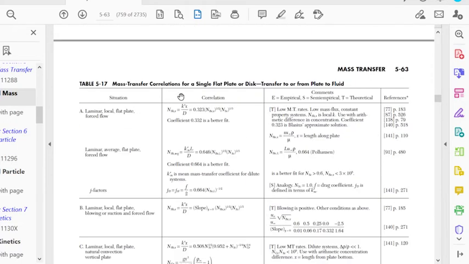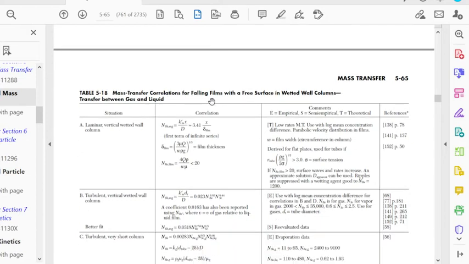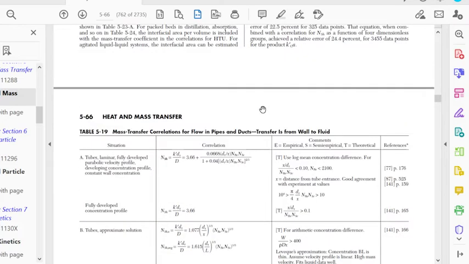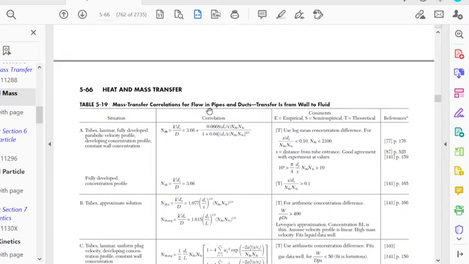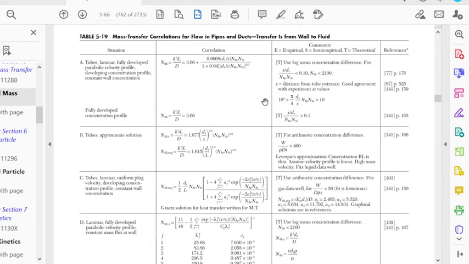Table 5-17 is for a single flat plate or disc, wherein the transfer of mass is to or from the plates to the fluid. We also have mass transfer correlations for falling films with a free surface in wetted columns, so you can have those equations. Mass transfer correlations for flow in pipes and ducts: if your fluid is flowing inside of a pipe and there is mass transfer happening, you may use these correlations. The most important thing to note here is you need to know if the flow is laminar or turbulent, and we can do that with the use of the Reynolds number and then select our appropriate equation.